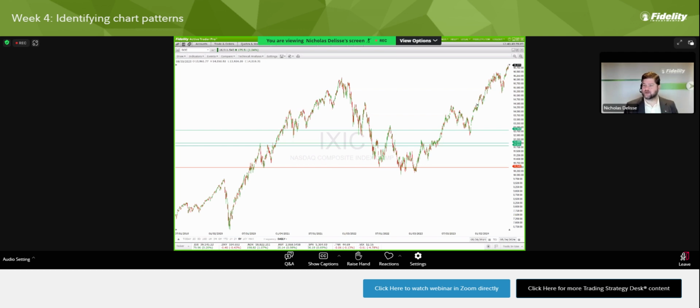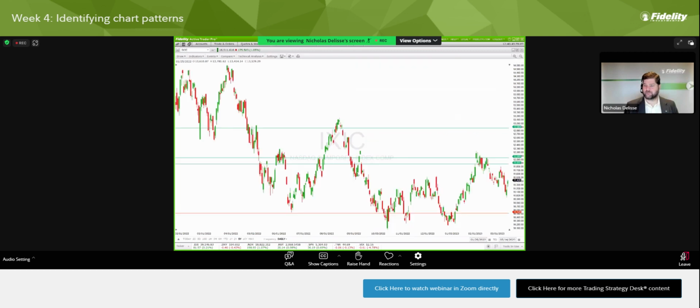Now, bottoming patterns. So kind of the question: hey, Nick, was this or is this a double bottom, a triple bottom? Now, this doesn't quite line up as well.